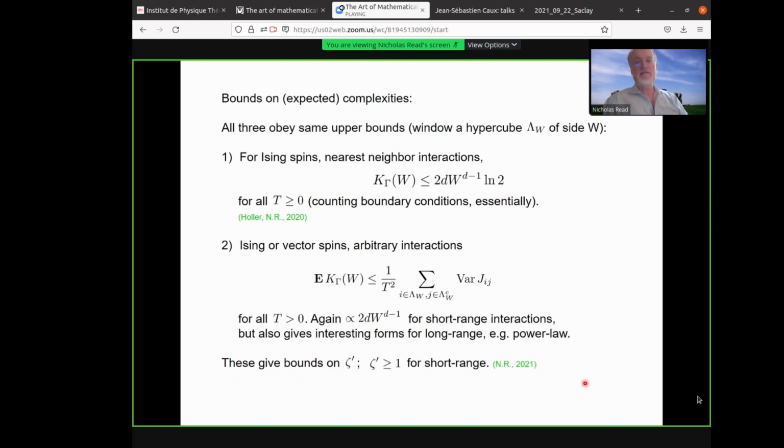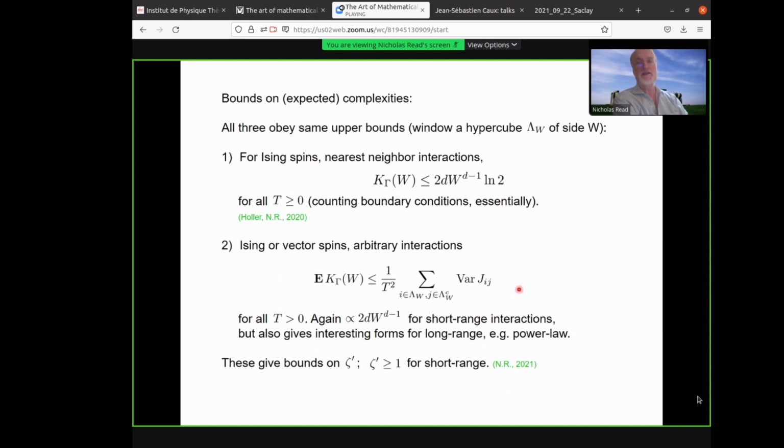But if you want to have arbitrary interactions that obey my short range condition that I had earlier, or to have more general spins, including for example, unit vector spins, then I recently obtained a different bound. While the other one works for all temperatures, including zero, this only works for non-zero temperature, and it involves the sum of the variances. And this sum, in some cases at least, does converge.